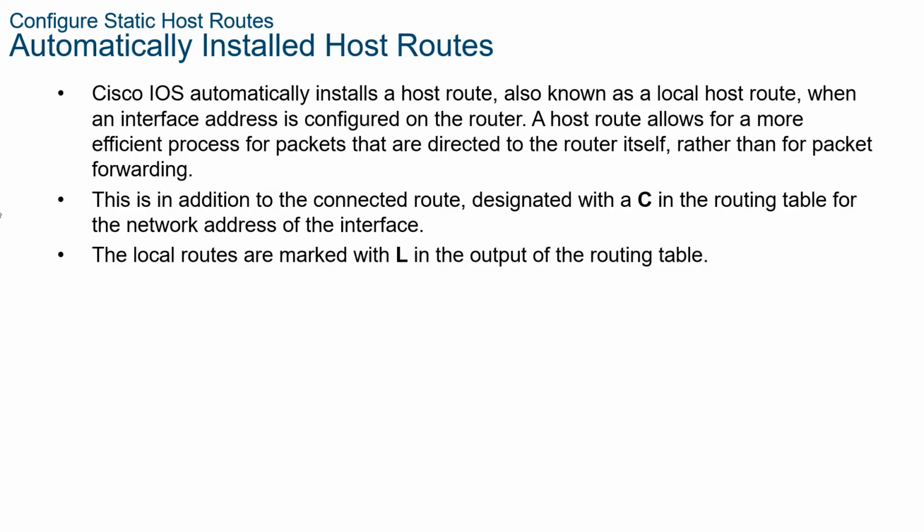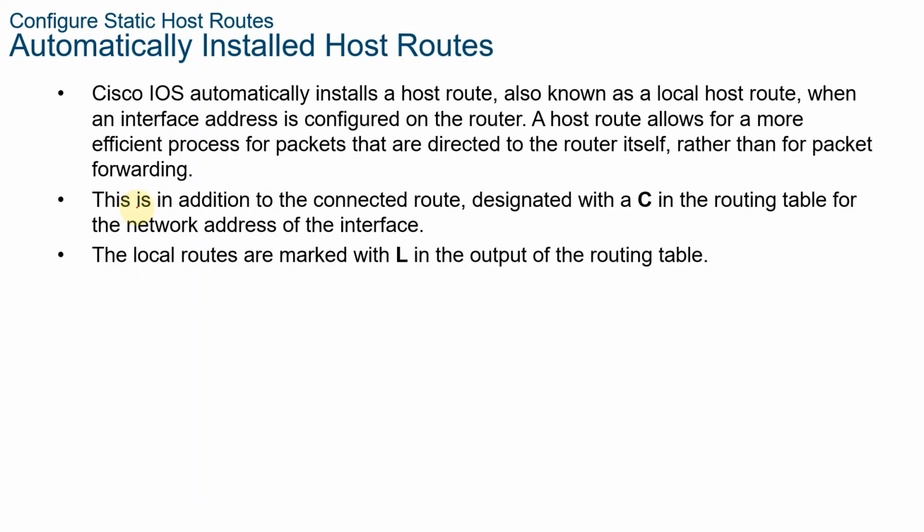Automatically installed host routes: Cisco IOS automatically installs a host route, also known as the local host route, denoted by L, on the routing table when an interface address is configured on the router. The host route allows for a more efficient process for packets that are directed to the router itself, rather than for packet forwarding. This is in addition to the connected route, designated with C, for the network address of the interface.